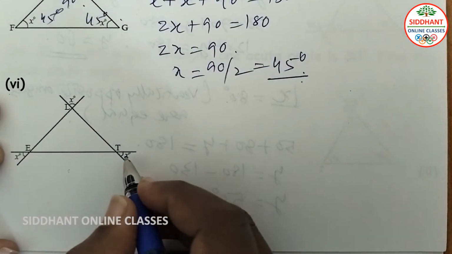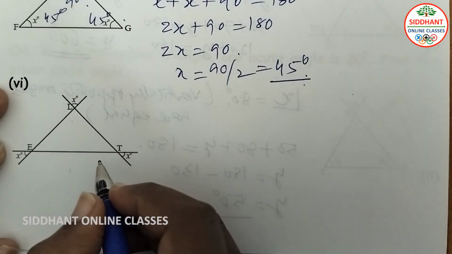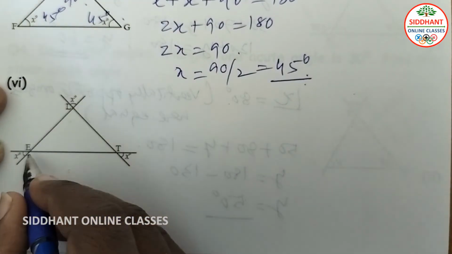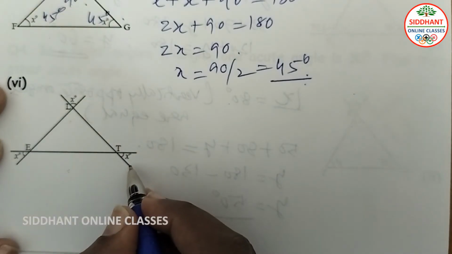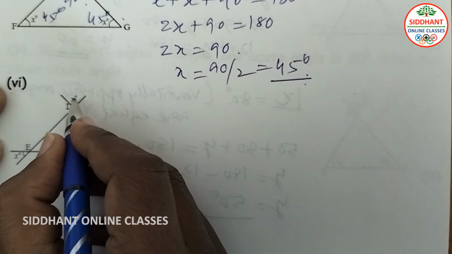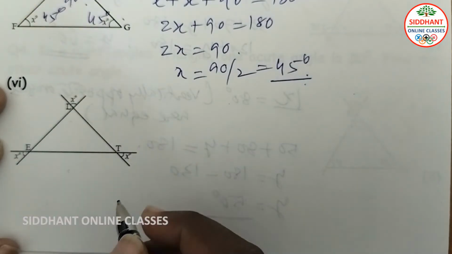Next, sixth one. Here the angles have been given, which are exterior angles. So here we are going to see the angles are x degrees, x degrees, x degrees.